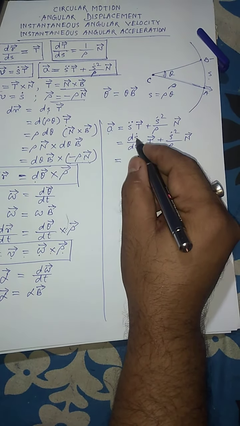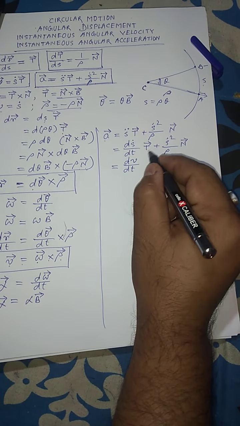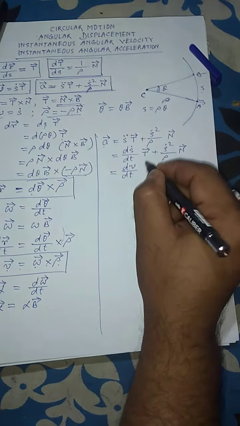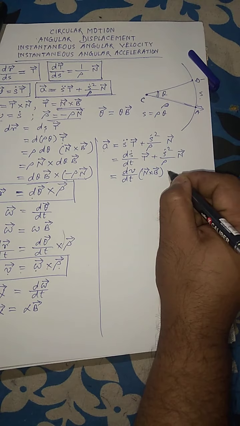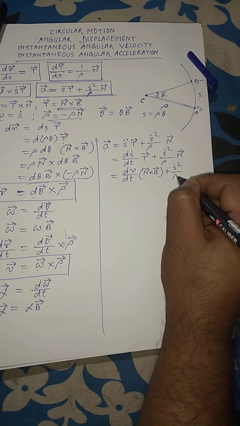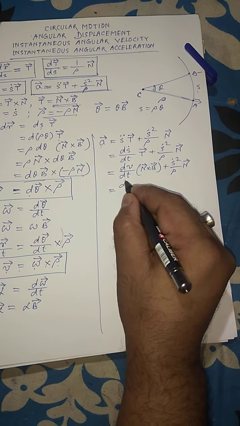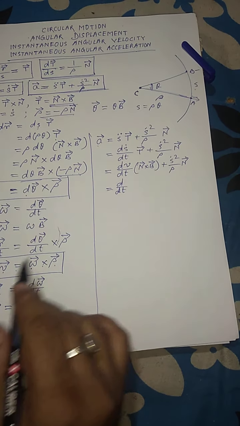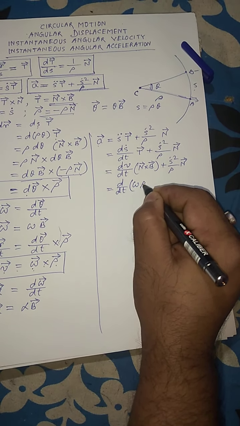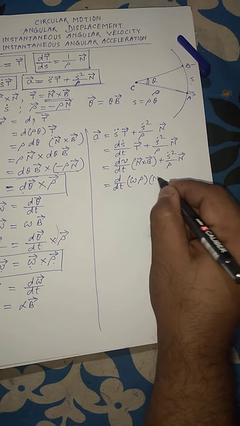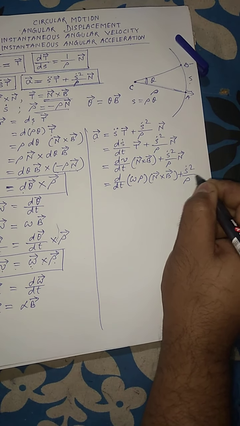Is equal to, in place of s dot we write v, so dv dt, in place of vector t, we write vector n cross vector b plus s dot squared divided by rho vector n is equal to, in place of v, we write omega rho, vector n cross vector b plus s dot squared divided by rho vector n.